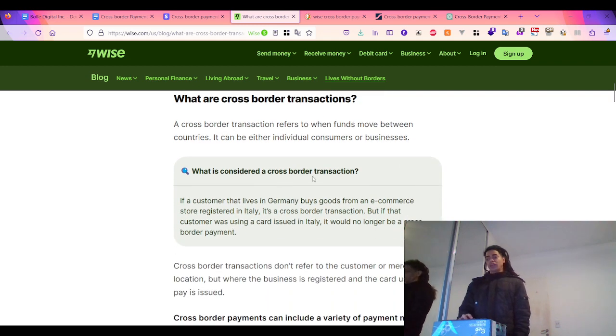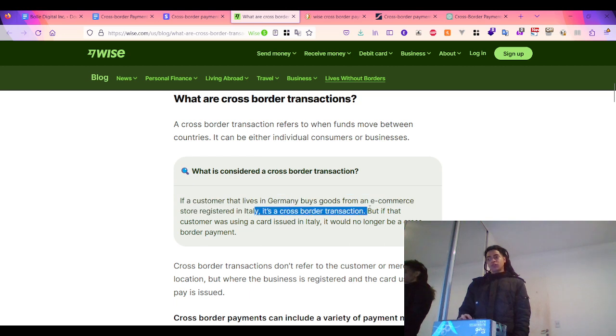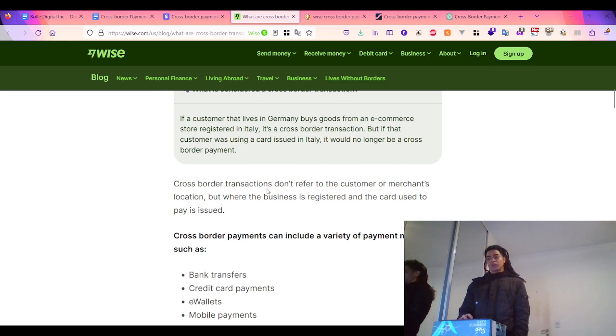What is considered a cross-border transaction? If a customer that lives in Germany buys goods from an e-commerce store in Italy, it is a cross-border transaction. But if that customer was using a card issued in Italy, it will no longer be a cross-border payment. Cross-border transactions don't refer to the customer or merchant's locations, but where the business is registered.